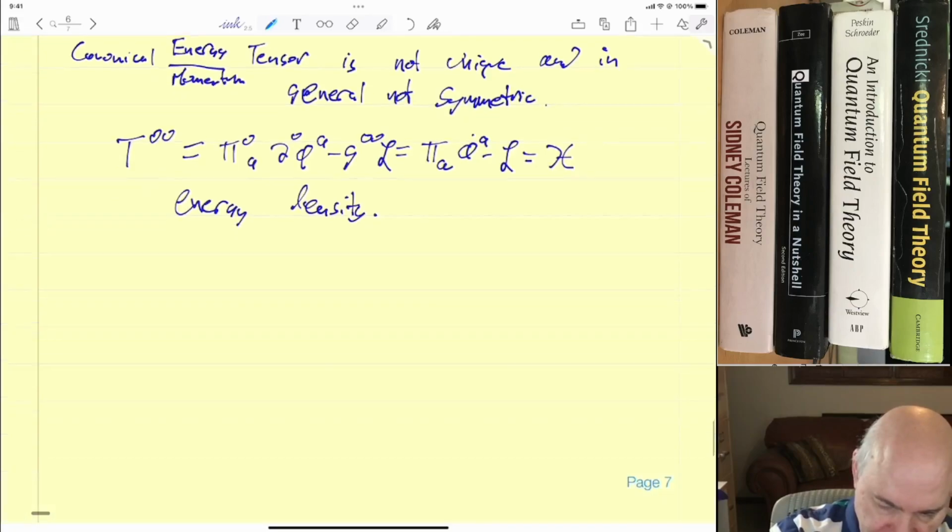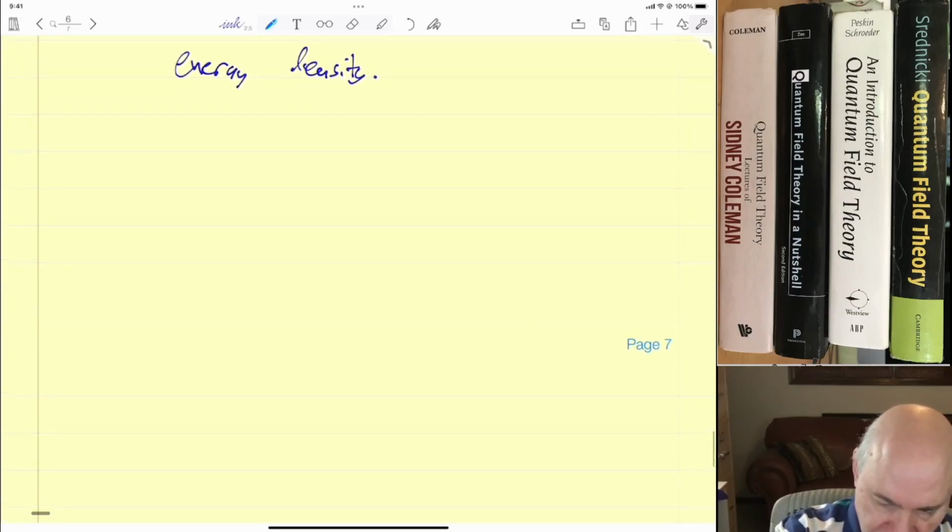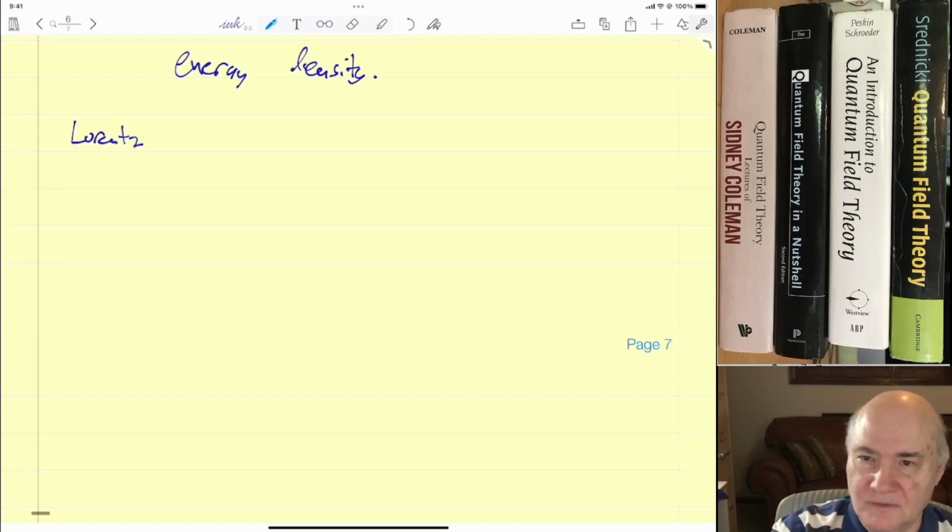Okay. Now let's go to Lorentz transformations. Remember, we're doing space-time transformations, and that's covered by the Poincare group, which involves 4 translations, space and time, and 6 Lorentz transformations, 3 rotations and 3 boosts. So it's a little bit harder to do the Lorentz transformations.